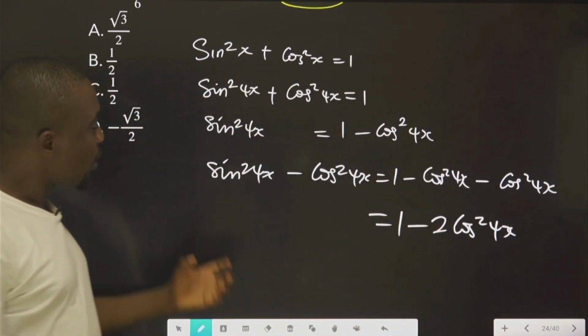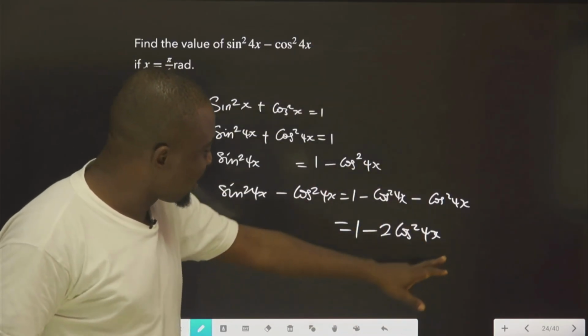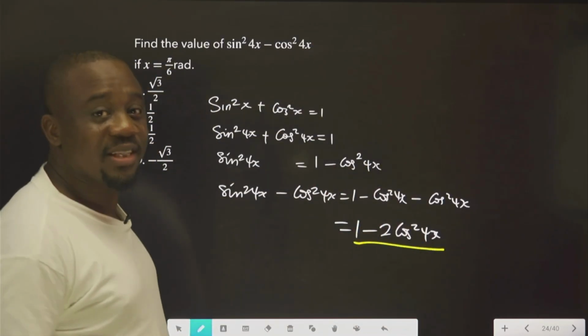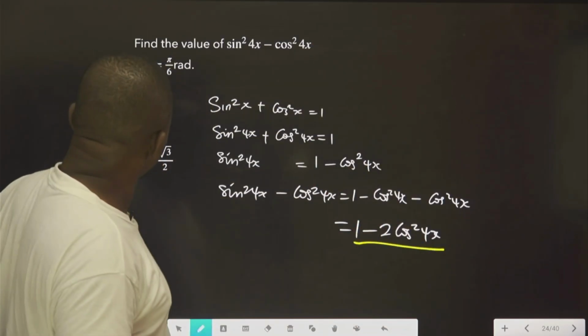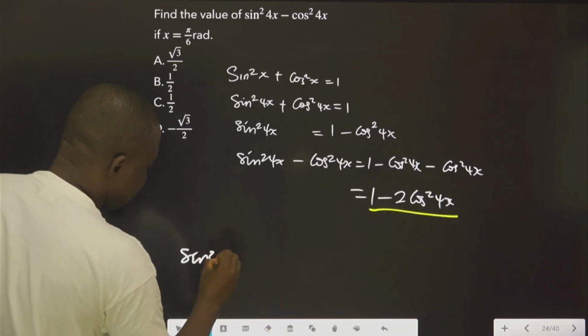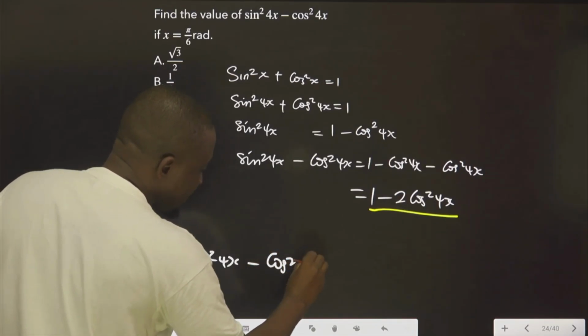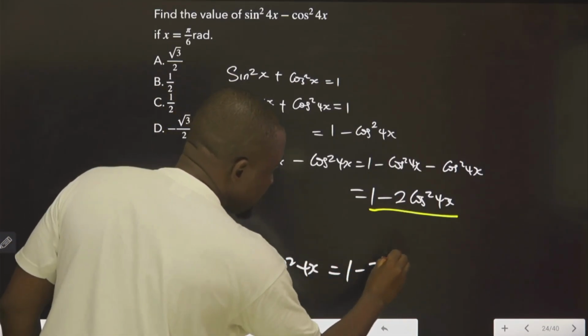You agree? It means that this that you have here is actually equals to this. That's what we are going to. Okay? So therefore, we can say that it's equals to 1 minus 2 cos.